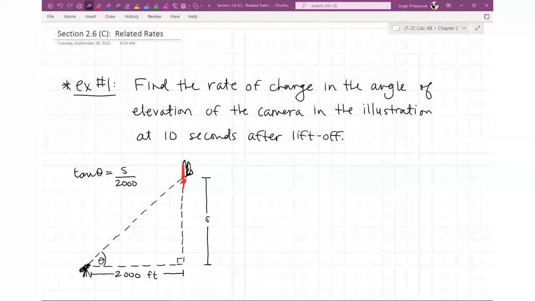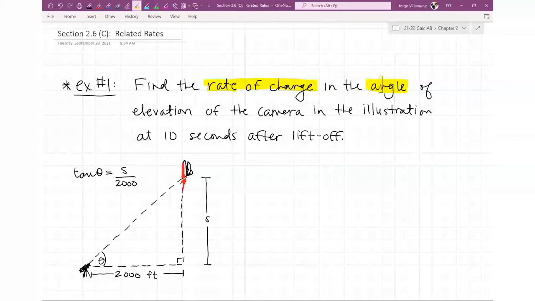So they said find the rate of change. Now, rate of change, that means what again? Derivative, right? We're trying to find the rate of change in the angle of elevation. So the angle is what? Theta, right? So what's the rate of change of the angle?